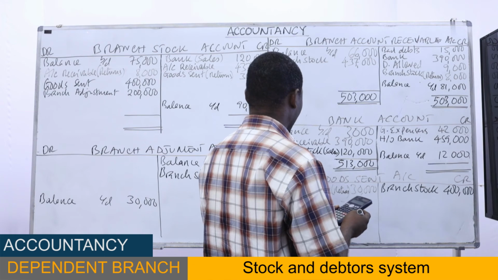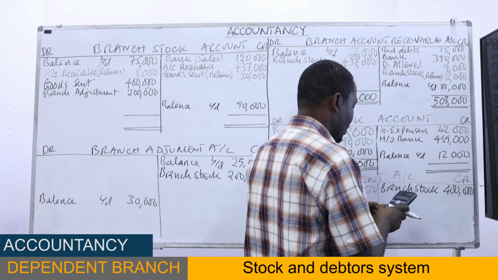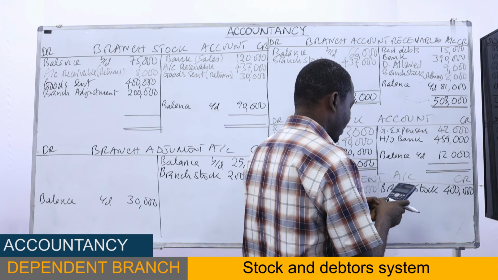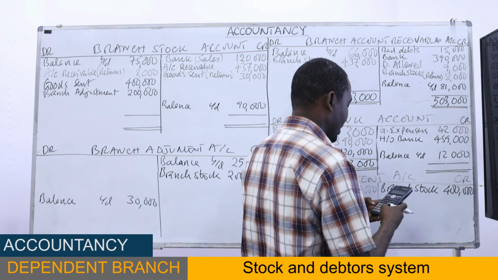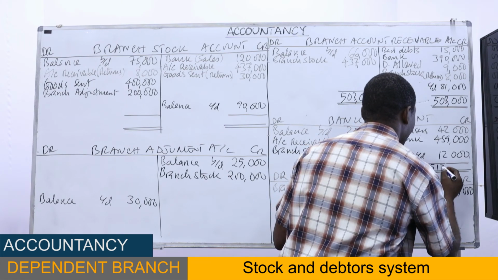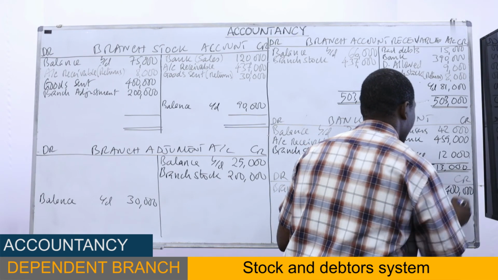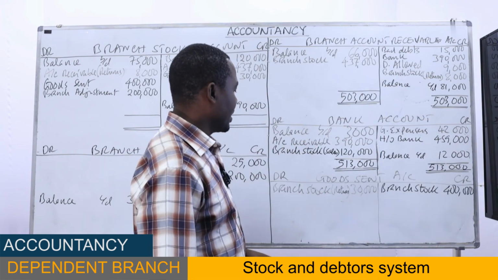Okay, so we go to the credit side. 42,000 plus 459 plus 12,000. Yes, we get 513. So far, our cash account has balanced.